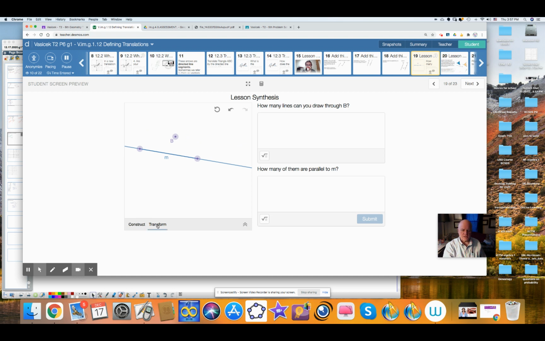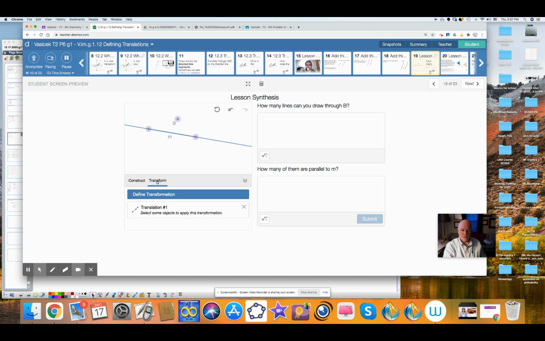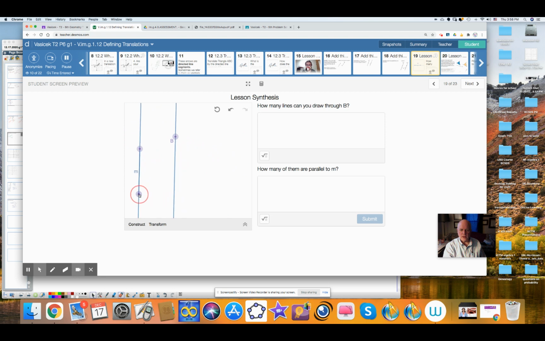If I were to define the translation, I'm going to go from this point to B. I'm going to translate this object. Excuse me, I need to define the transformation. From this point to B, I'm going to translate this object and apply it. You can see that these lines are parallel. And the big idea is that there's only one line that goes through B that is parallel to M. And that's what we're doing. There are infinite lines that go through B, but only one of them is parallel.